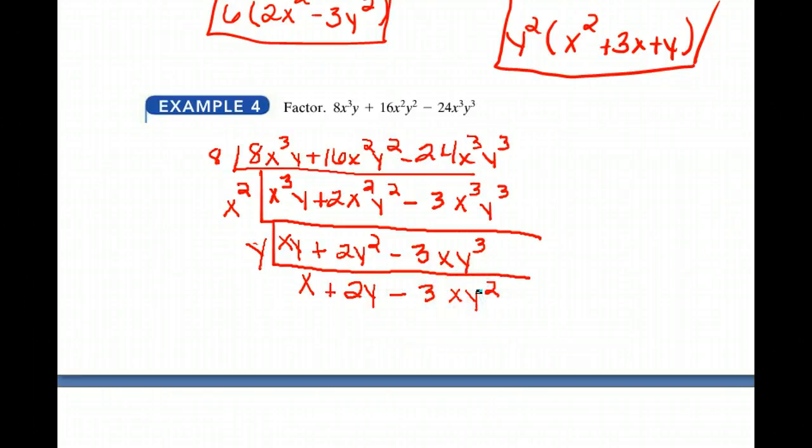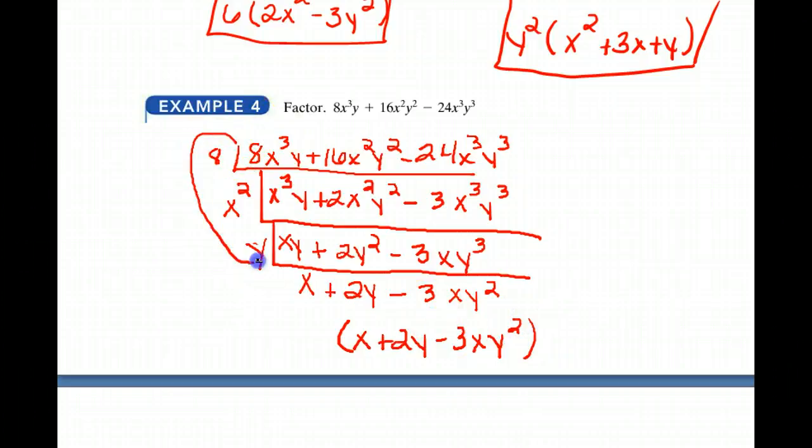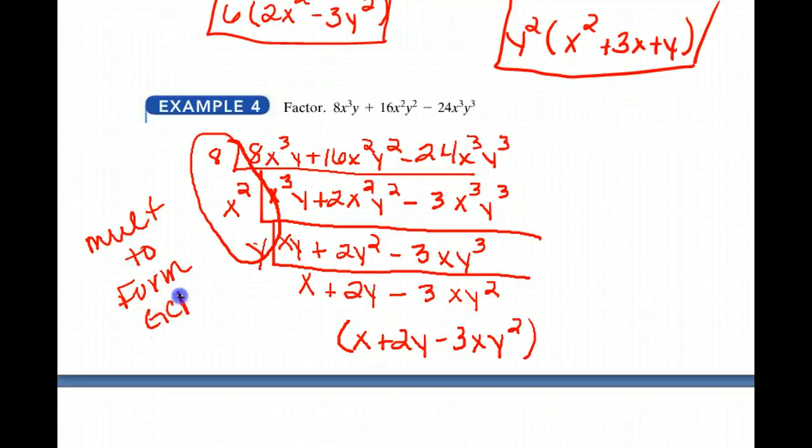At this point, you want to check your expression one last time, just to make sure that you have taken out every single common factor that you can. We have. So we are going to bring that expression down into parentheses. And remember, every common factor that we took out on the left will get multiplied together to form the GCF of the expression.